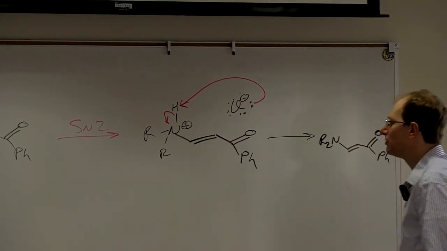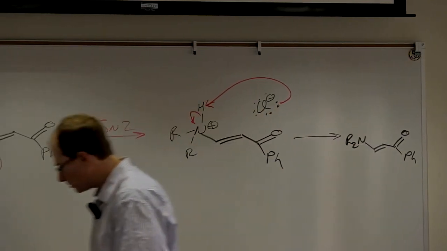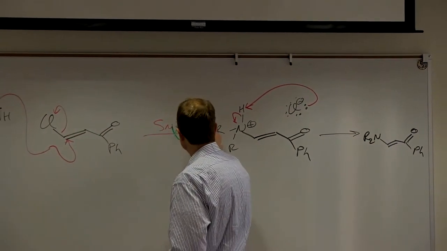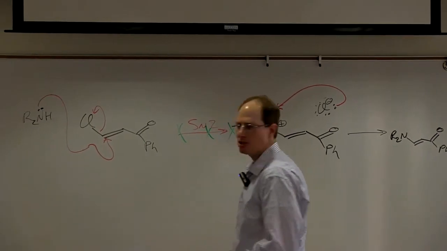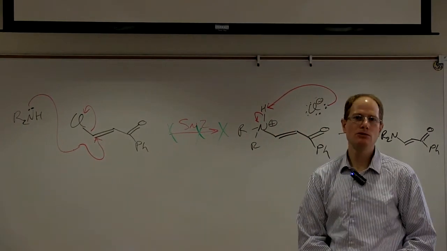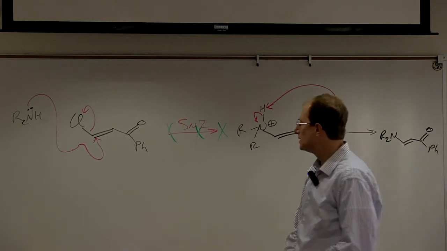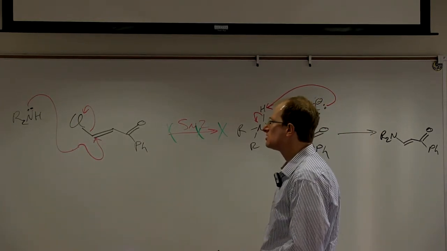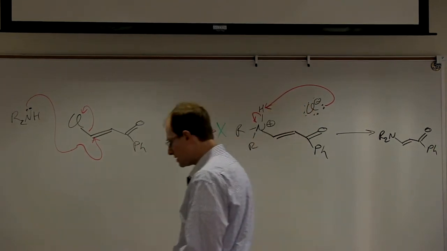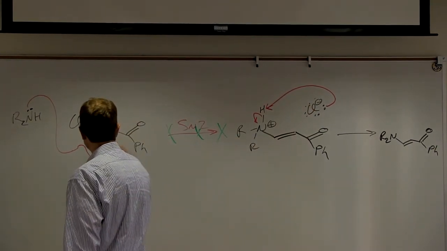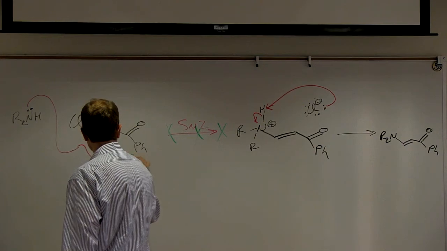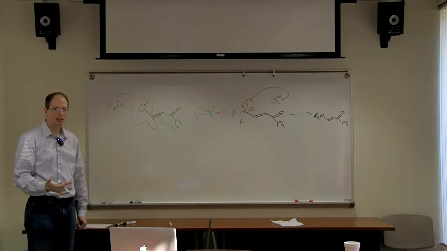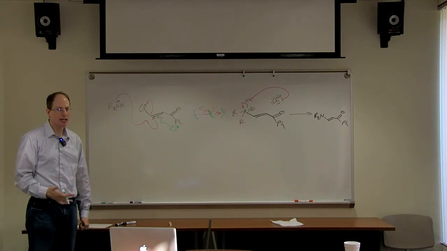Now what's wrong with this? This is totally, totally wrong and completely unacceptable. It appalls me. It's upsetting to me. What's so wrong about this and so appalling is the fact that we're attacking a sigma star orbital. This is an attack on this sigma star orbital over here, when we have several perfectly good pi star orbitals that are available.